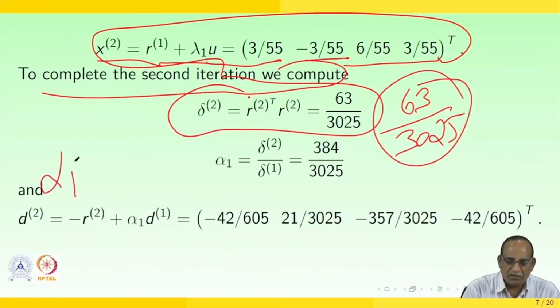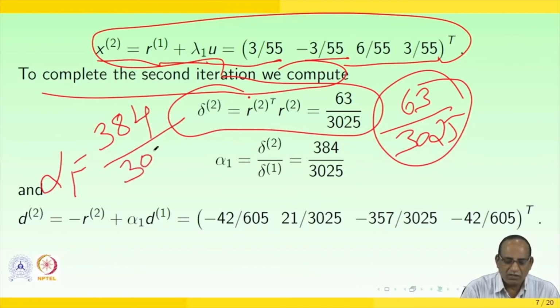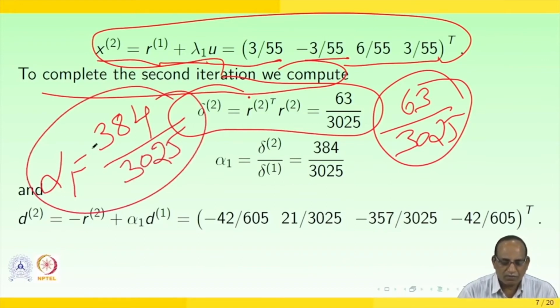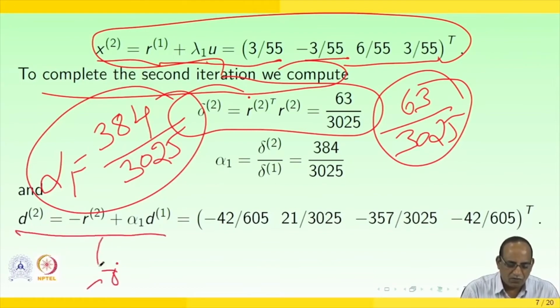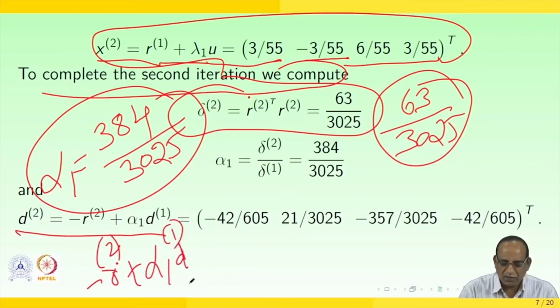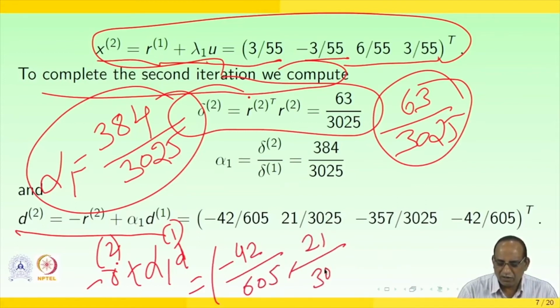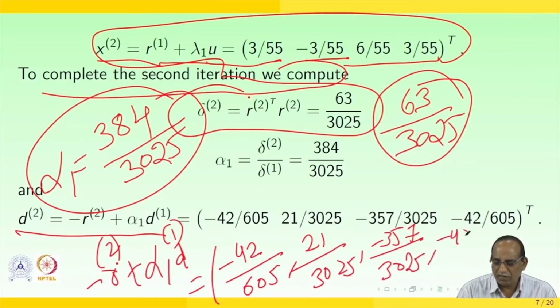And alpha 1 is equal to 384 upon 3025. And d of 2 is equal to minus r of 2 plus alpha 1 times d of 1, which will be equivalent to minus of 42 upon 605, 21 upon 3025, minus 357 upon 3025, minus 42 upon 605 transpose.